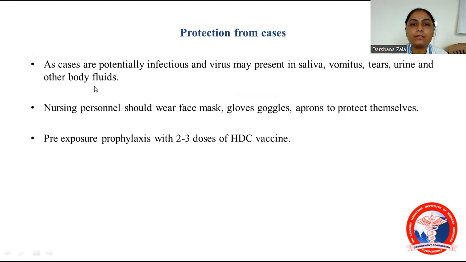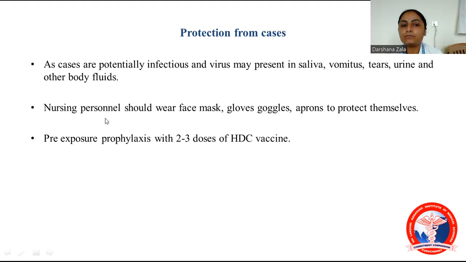Now we will see the immunization, which is the HDC vaccine, which we give in 2 to 3 doses in a pre-exposure manner. So here we can give specific protection also.